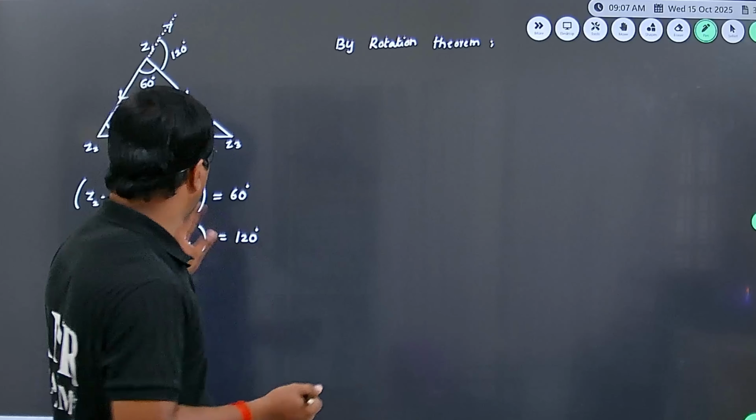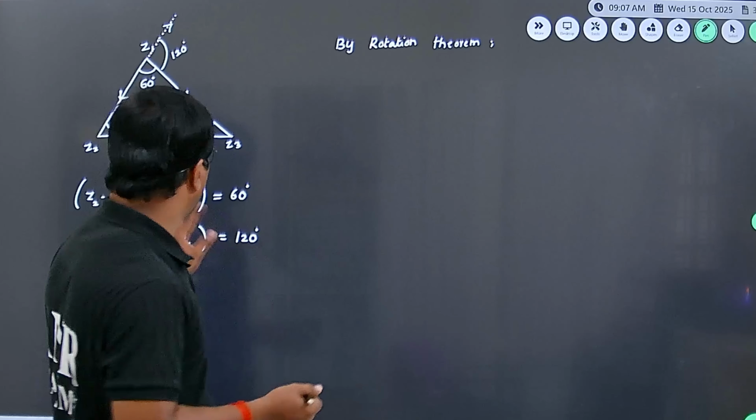So, this is the short technique to find the third vertex of an equilateral triangle when two of its vertices are given. Let us see the proof. Suppose that in the Argand plane Z1, Z2, Z3 are the three vertices of an equilateral triangle.